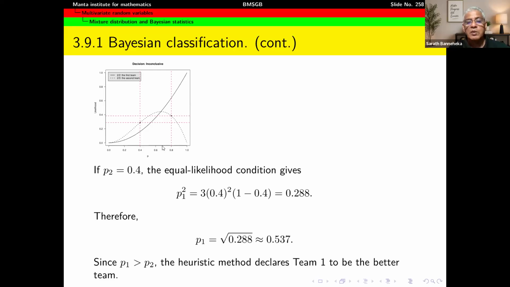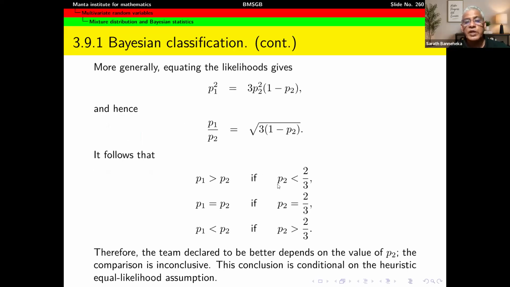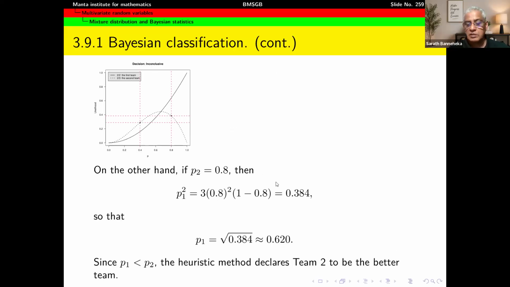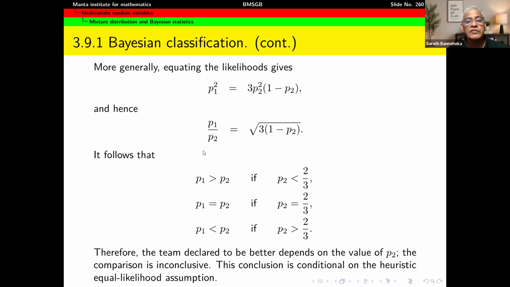So if P2 that we considered, right? In this situation, P2 that we considered is 0.4 and it was less than 0.6. So in that whole area, whatever the value that you are considering below this point here, in that case, we will see that P1 is greater than P2, right?